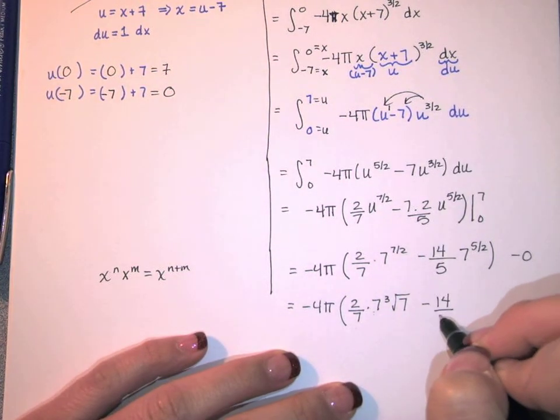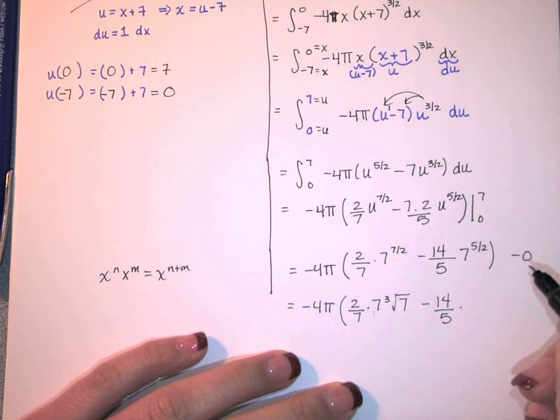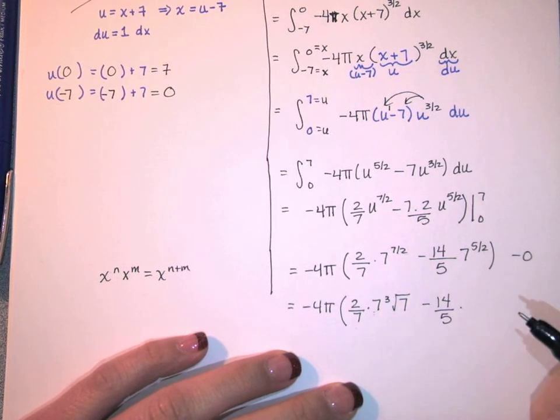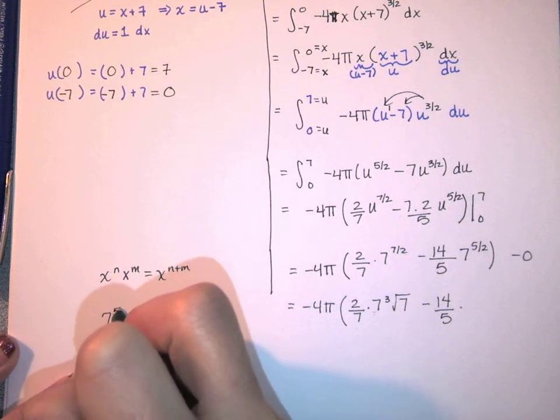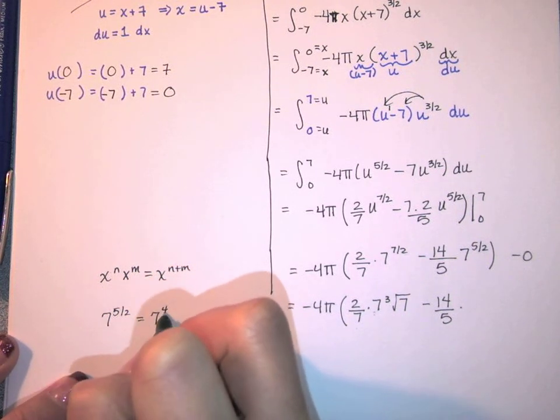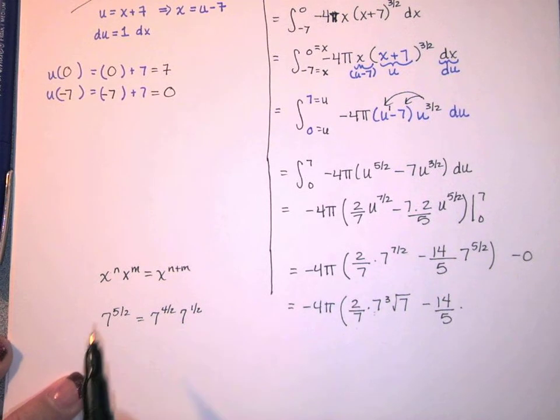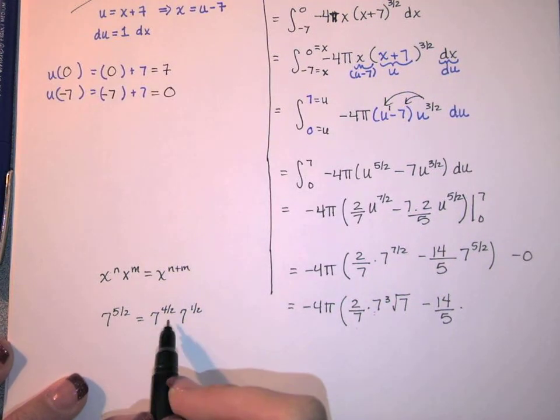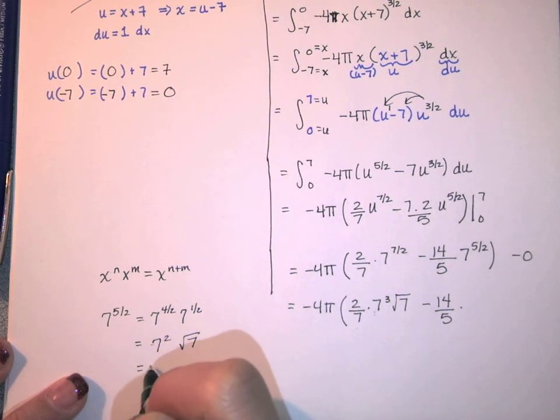Then over here we've got a 14 over 5. And that 5/2 can be split into 4/2 plus 1/2, or 7 to the 4/2 times 7 to the 1/2, like this, because if we add those exponents, we get this back. And 7 to the 4/2 is just 7 squared. That's square root of 7.